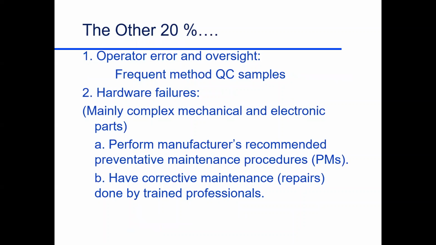So the idea of operator oversight: method quality control samples, and getting the instrument control samples. If it's a hardware failure, I smile and chuckle at this one because if the machine screws up, I call a friend of mine.